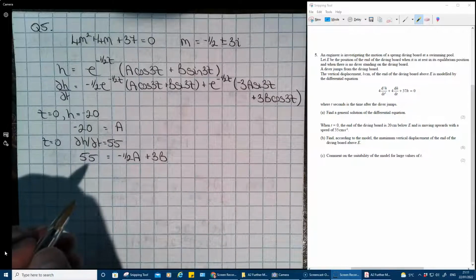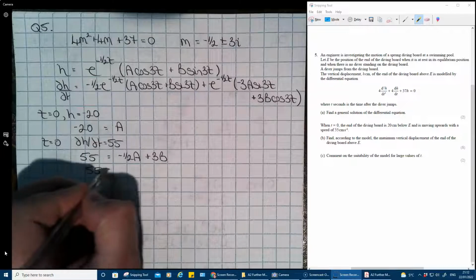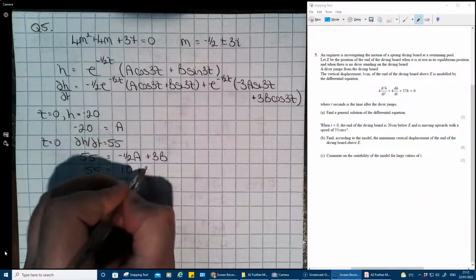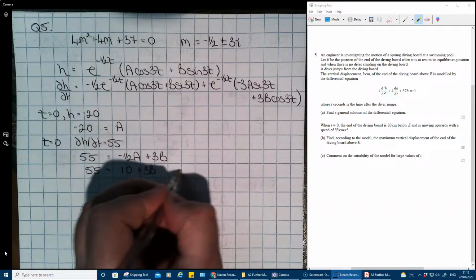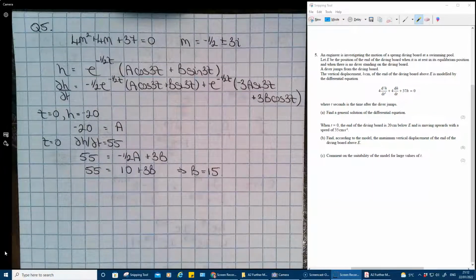We already know a, so 55 equals 10 plus 3b. That tells us that b equals 15.